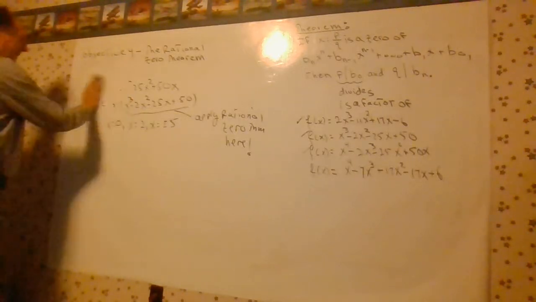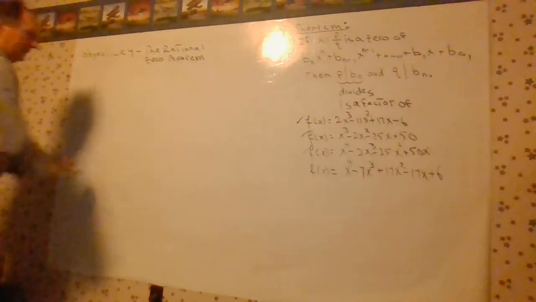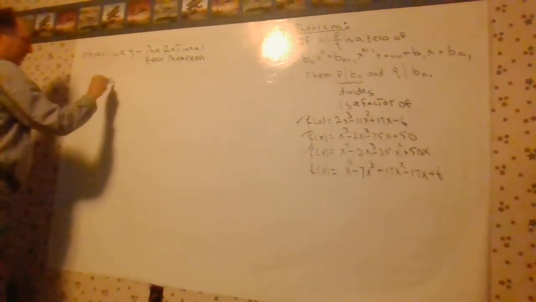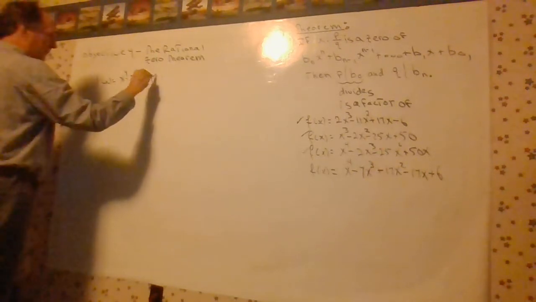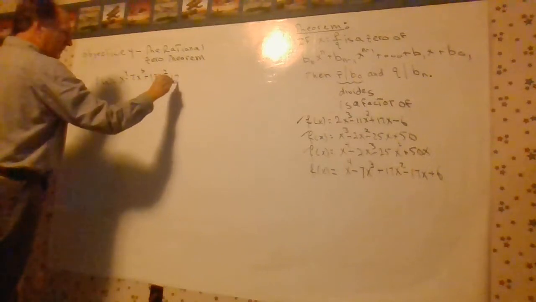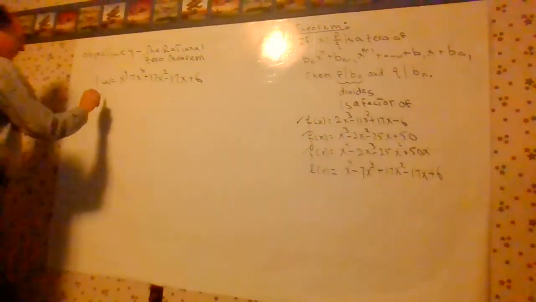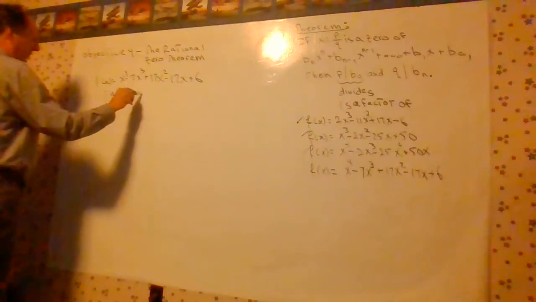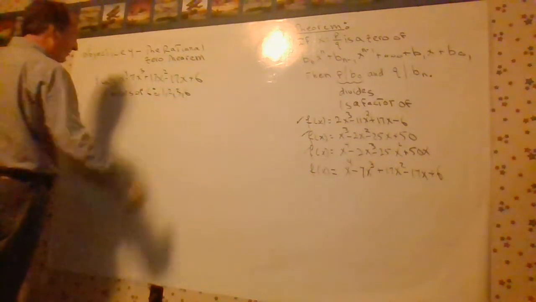So, last problem. We have a 4th degree polynomial, and it's worth discussing, and we want the factors of 6, 1, 2, 3, 6.